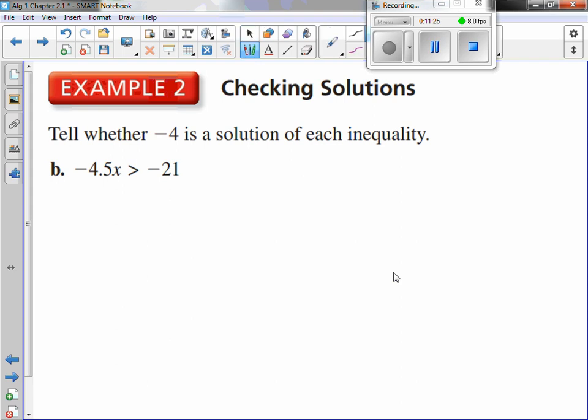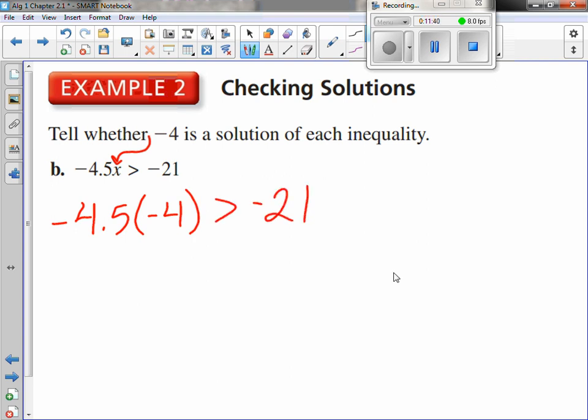Okay, let's try it again. So again, we're going to plug negative 4 in for the variable x. So we're going to have negative 4.5 times negative 4. And we want to see, is that greater than negative 21? Well, what is negative 4.5 times negative 4? Negative 8 or 18?